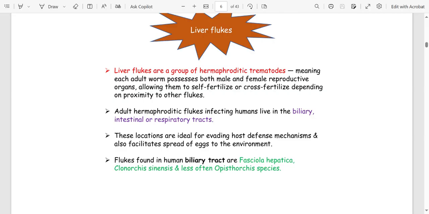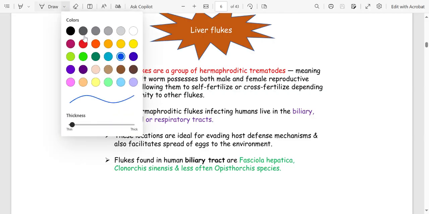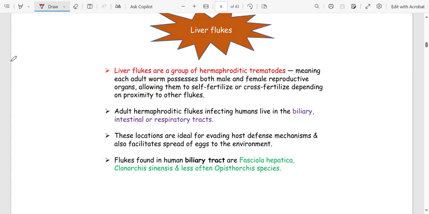Now, just to help you remember the biliary tract, something you already know from your anatomy, here is the liver. You know that the liver has two lobes, the left and the right.